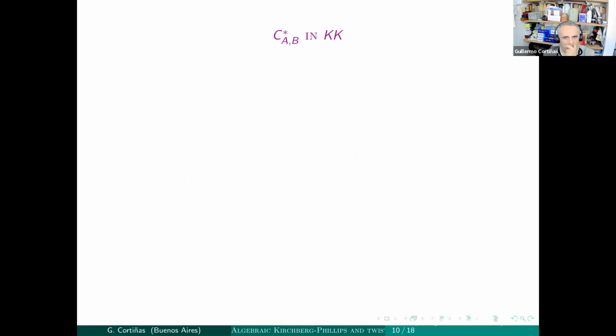Okay, and let me explain a bit what Katsura does. One can look at C star AB in the Kasparov category. So I will write C_{-1} for the suspension, that is the continuous functions on the interval that vanish at both endpoints.